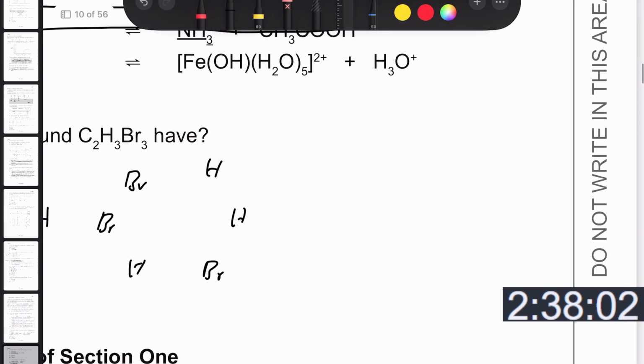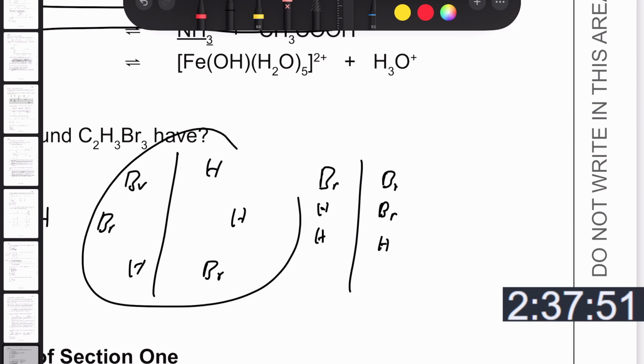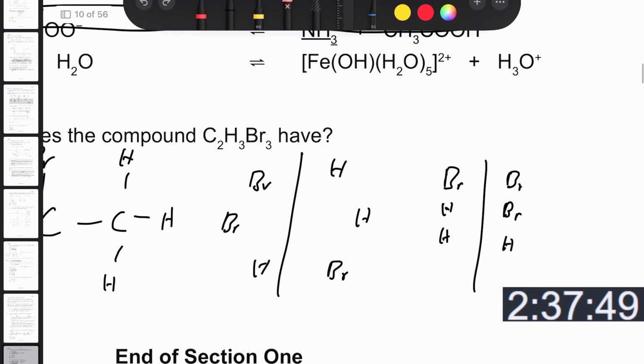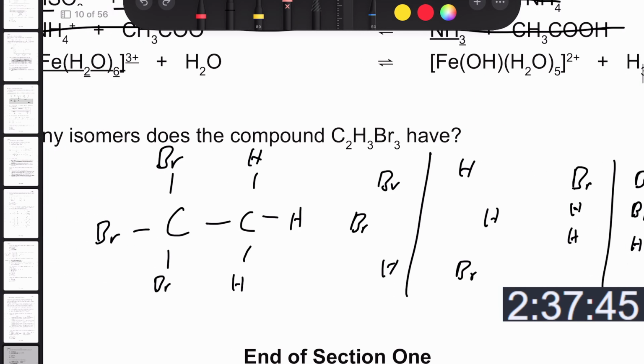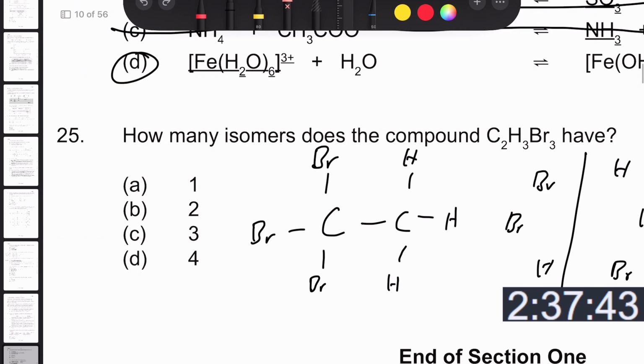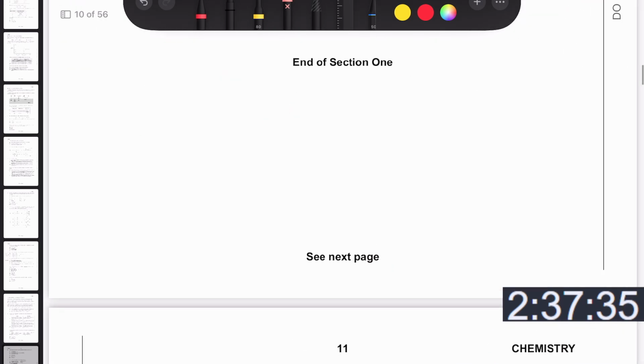Because then if I swapped it for Br, H, Br, H, that's just the same as this one but flipped. And then if I put one again, I'm going to have 3 Br on one side and then the other side. So it's only 2 isomers. So 1, yeah, 2. Okay.